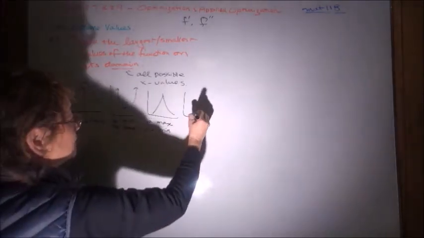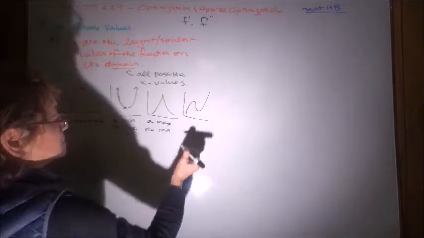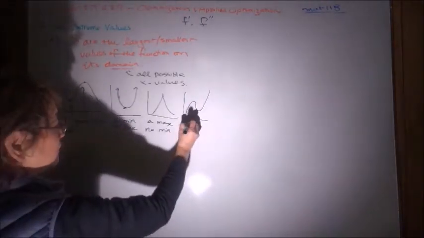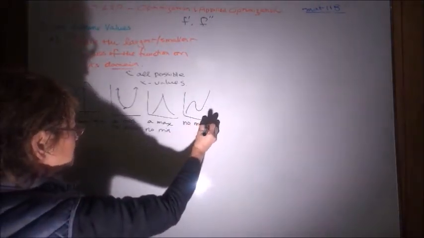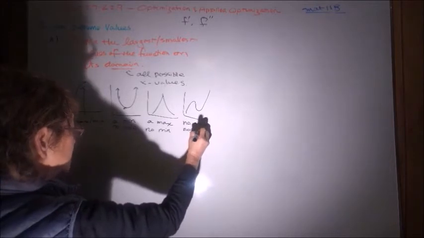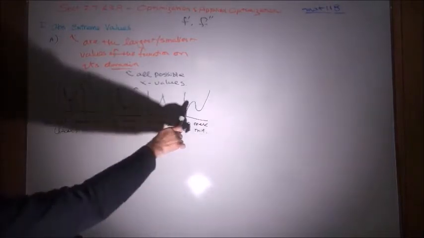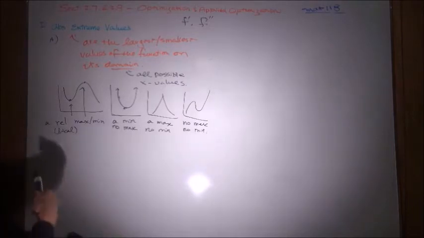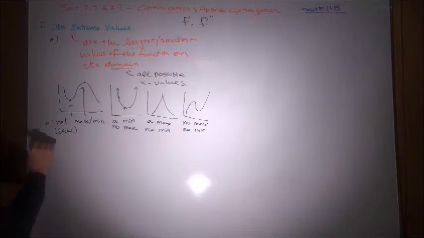And if you have it like this, then what do we have? We have no maximum, we have no minimum, right? So those are our models. And in the problems, we use functions to represent models, right?